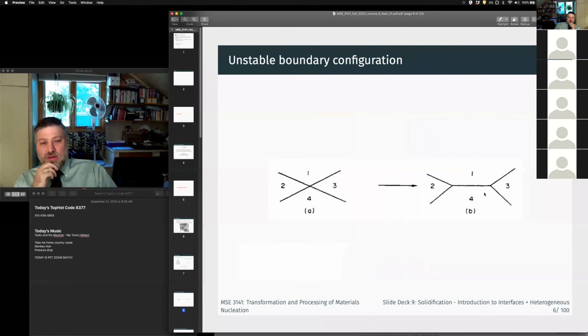So we can think about it. We're not going to discuss it, but think about why this is an unstable configuration, right? Why would this relationship be preferable to this?